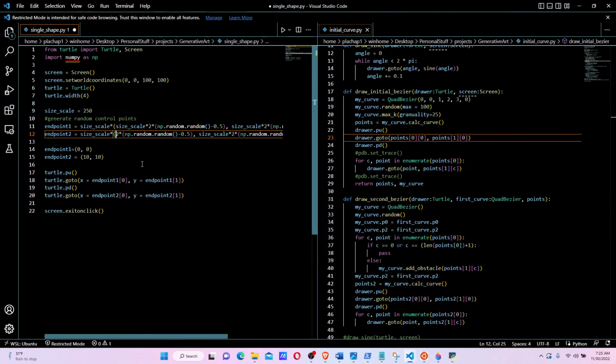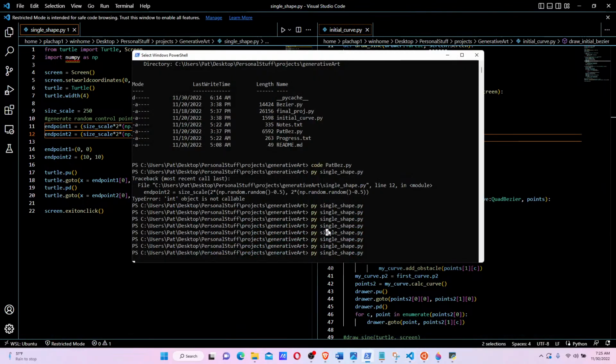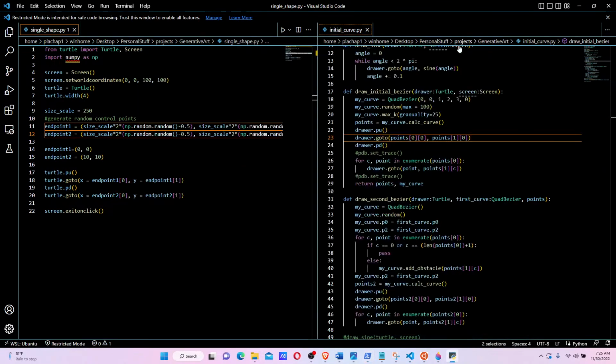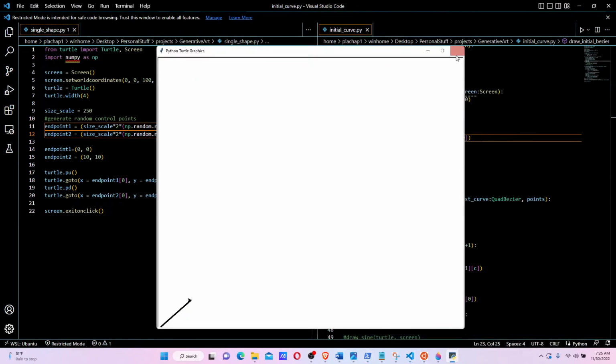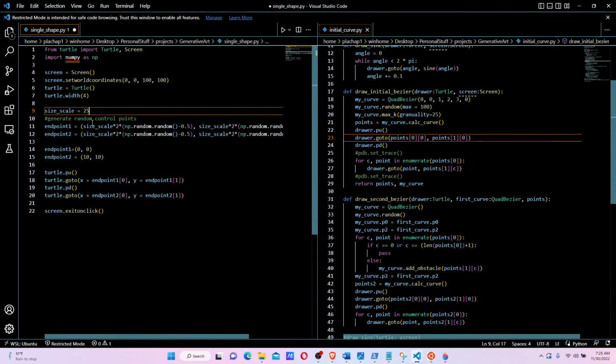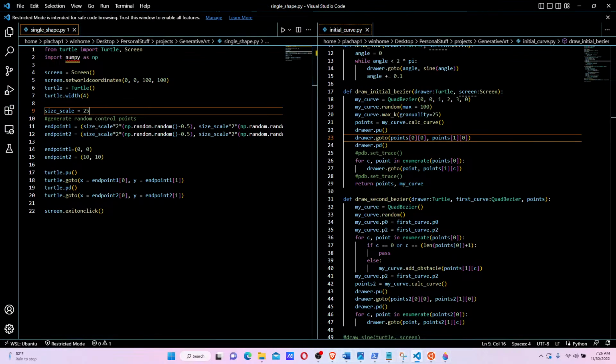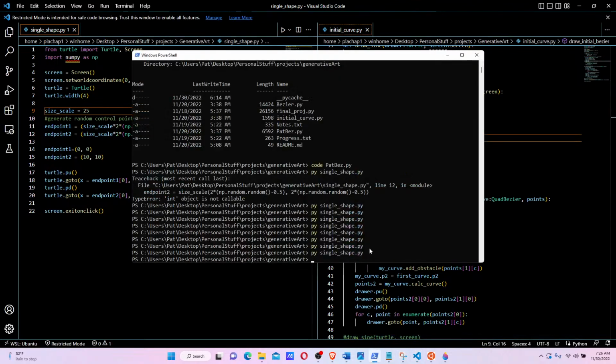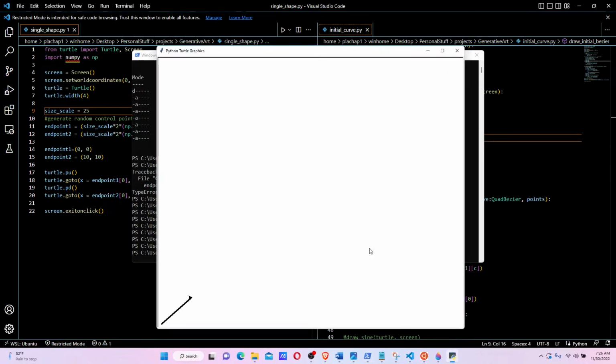And so paste it in here. Get rid of it here. Okay. This canvas. Change the size scale back to 25 because 10, 10 looked good. Now running the file again.